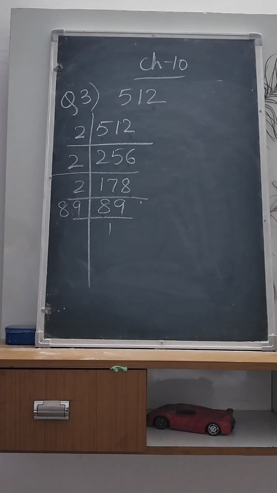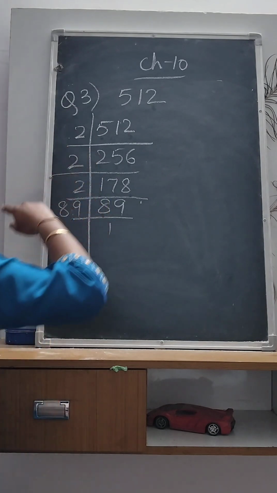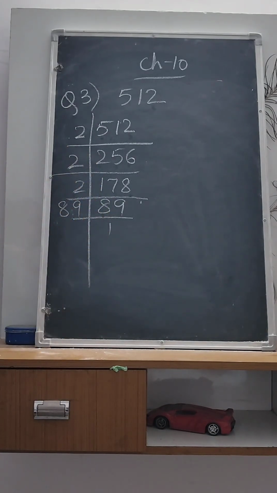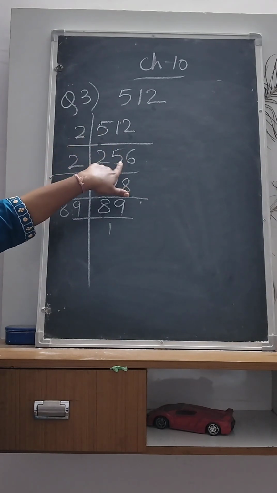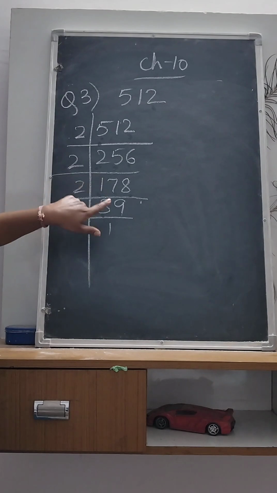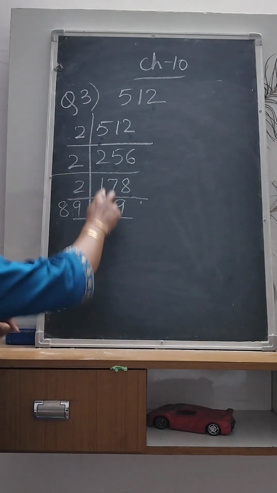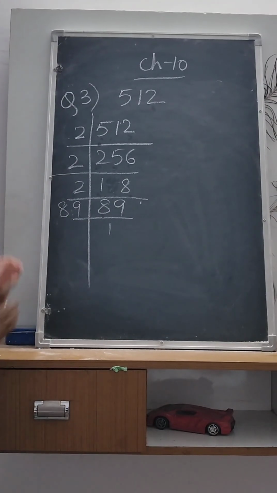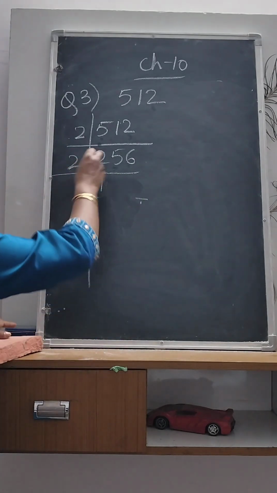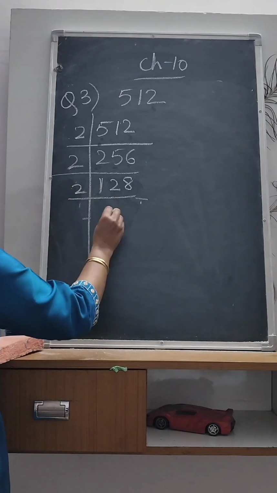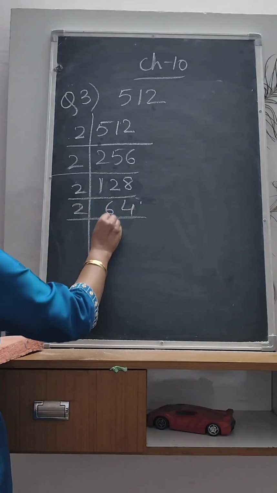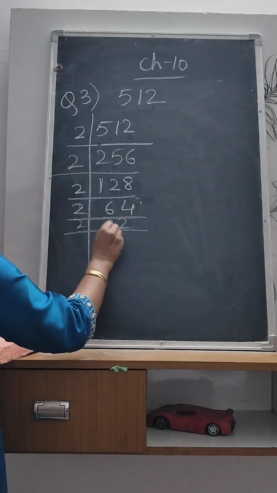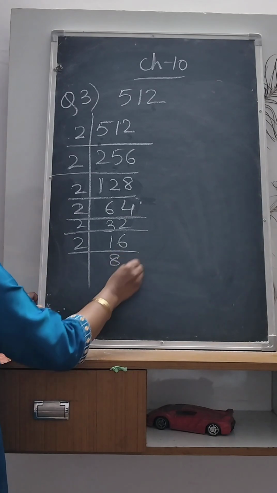So next we will do 512. 2 2s are 4, 2 5s are 10, 2 6s are 12, 2 1s are 2. Students, are you seeing what we are doing? So 2 1s are 2, 2 2s are 4, 2 4s are 8, 2 8s are 16, 2 3s are 6.